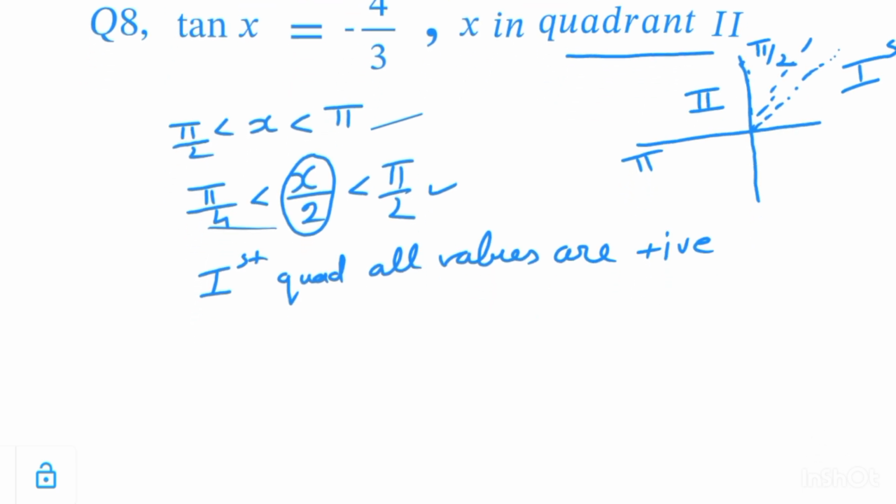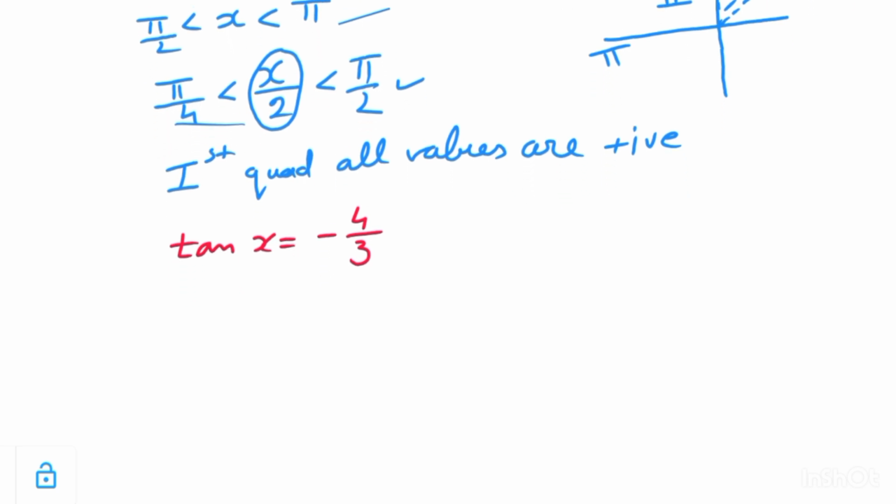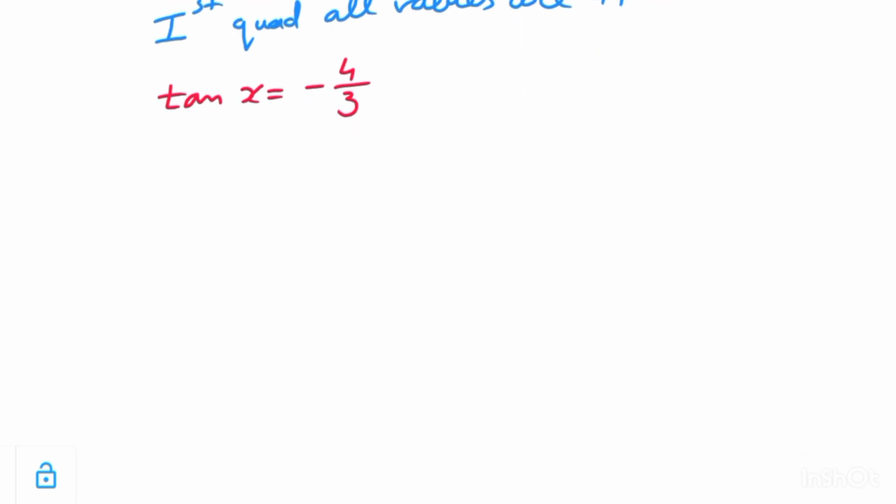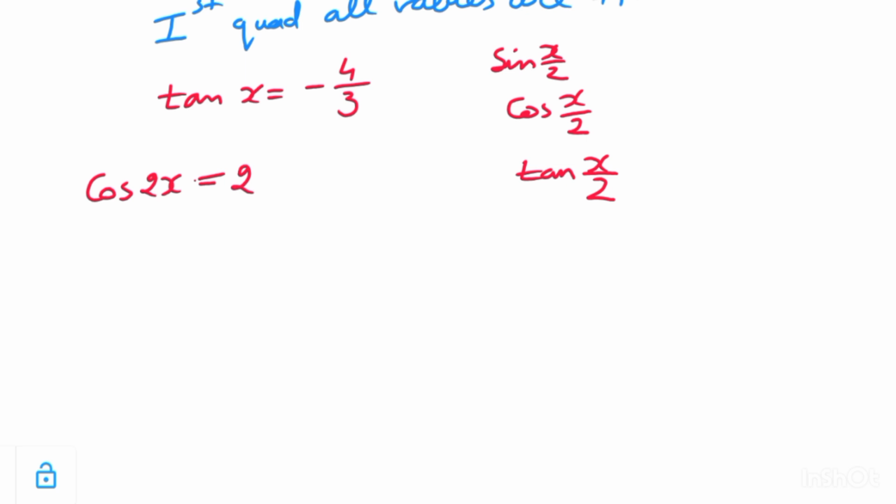So we are given that tan x is equal to minus 4 by 3. Now from tan we have to find out sin x by 2, cos x by 2 and tan x by 2. So we know that cos 2x or cos 2 theta is equal to 2 cos square x minus 1 or 2 cos square theta minus 1.